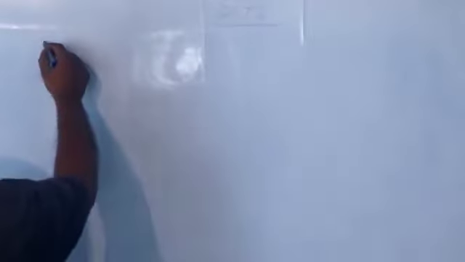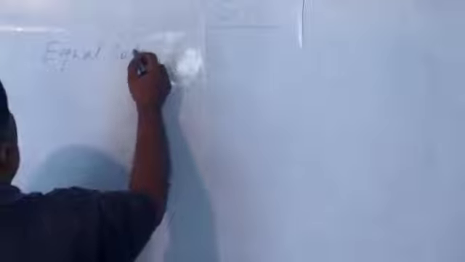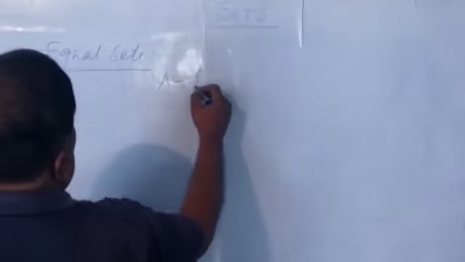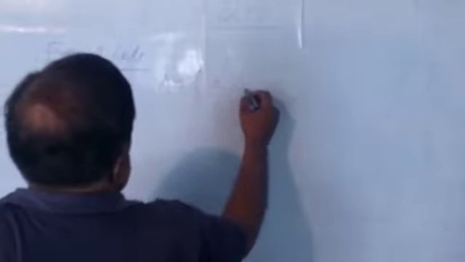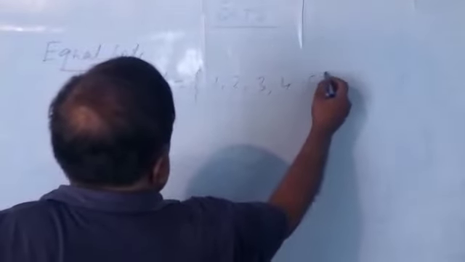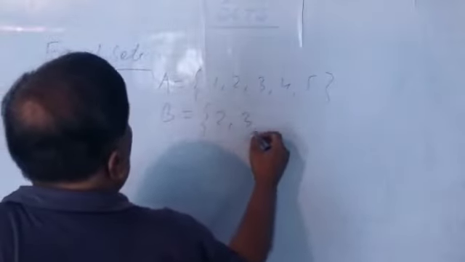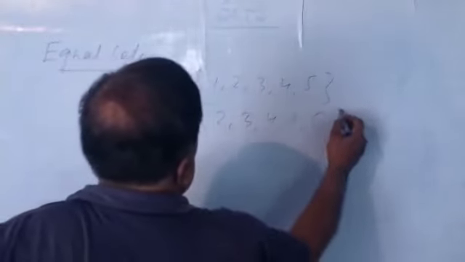Now our next topic is equal sets. Suppose we have two sets A and B, like A equal to {1, 2, 3, 4, 5} and B equal to {2, 3, 4, 1, 5}.